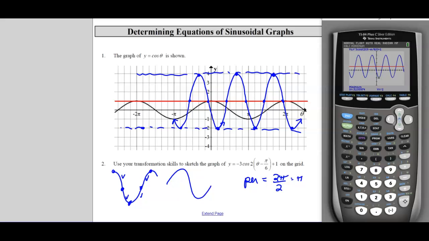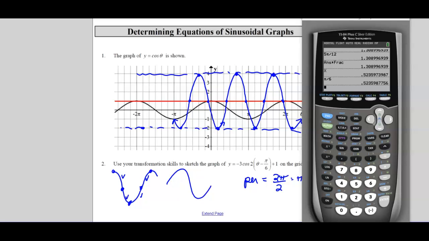Okay, so y is -2, x is this decimal. Copy out the x. I think that that's pi over 6, based on my graph, and it is. Okay, so our graph is correct. Okay, so you can use your calculator to help you a little bit. It just takes longer.